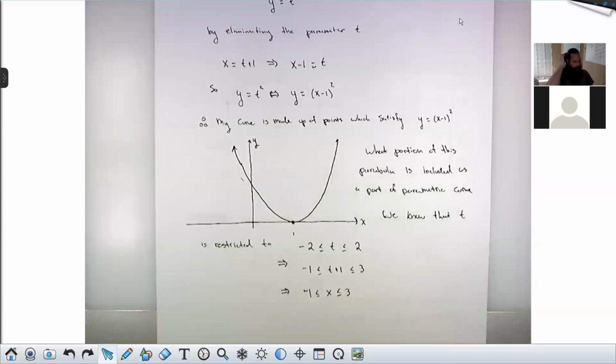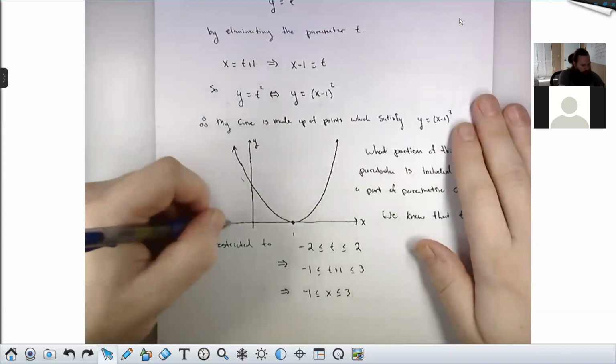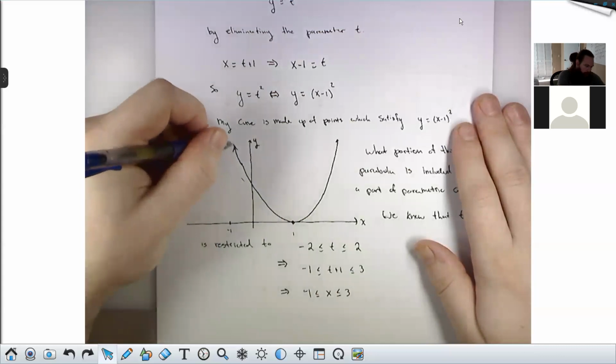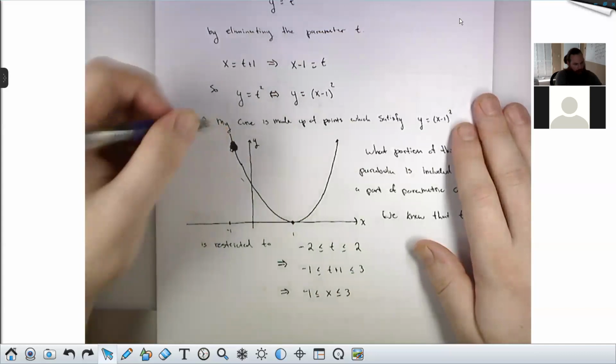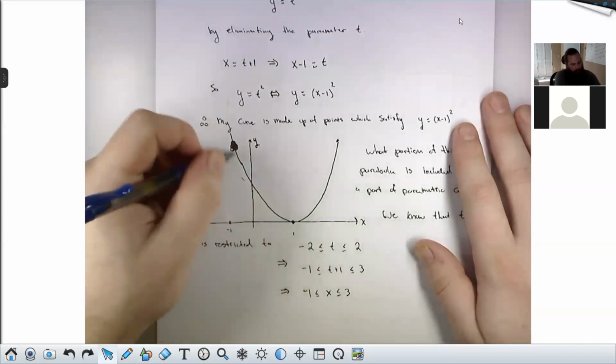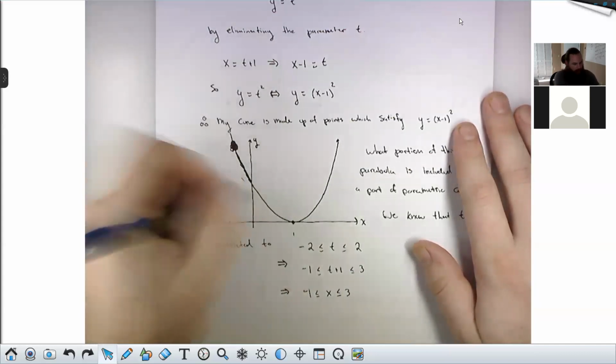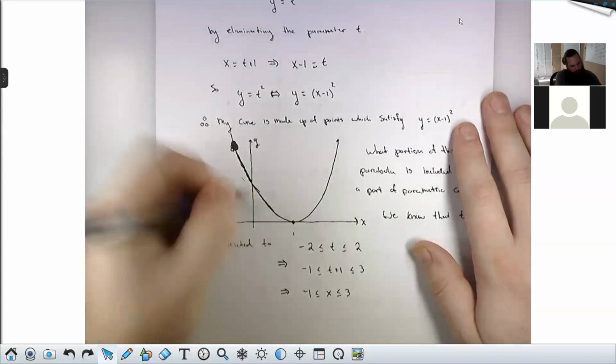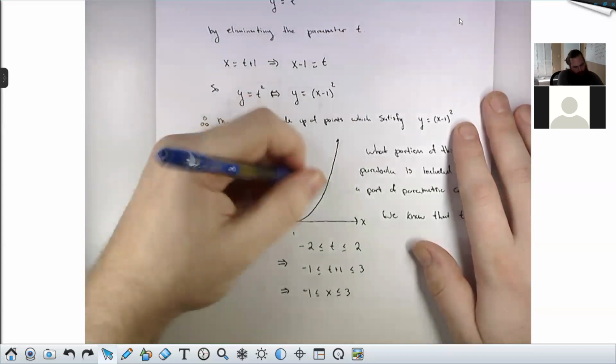So the portion of this curve that I actually get is the piece from -1, so maybe from here all the way over to 3. The piece of my curve that I actually get doesn't quite fit in what I've drawn here. So I'll redraw it.